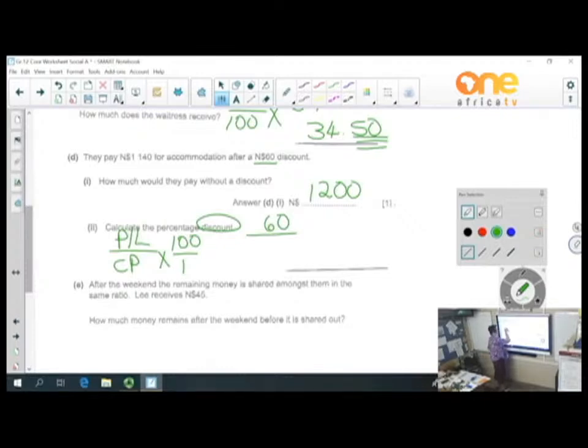That is what you pay before the reduction, so you calculate it on this one. So over 1,200, and to find percentage, you times with 100 over 1. What is the answer? 5 point? I got 5.26. No. You're right. It is 5%.